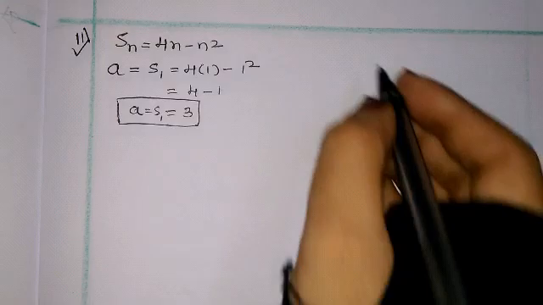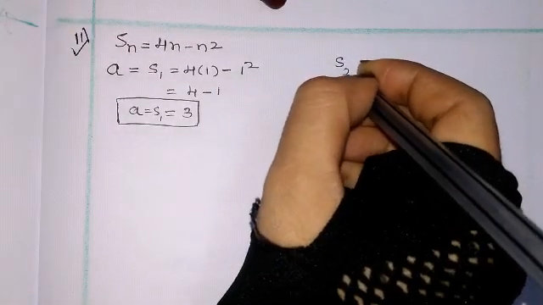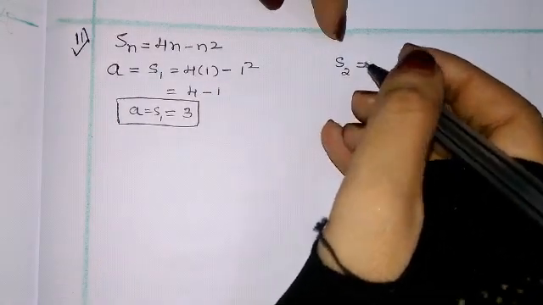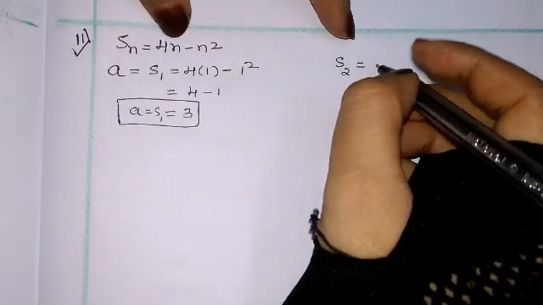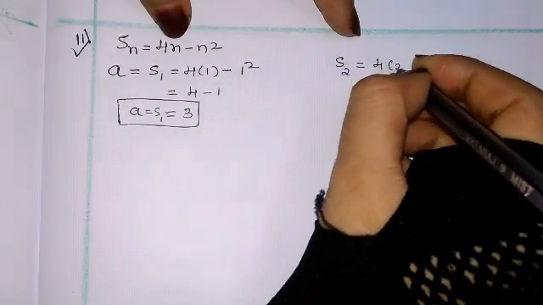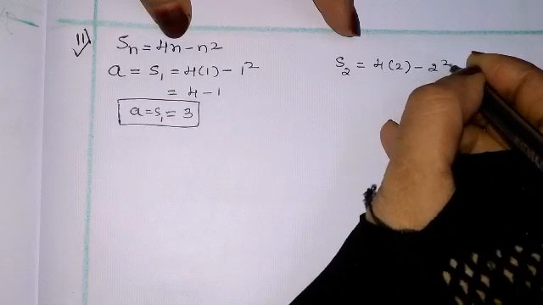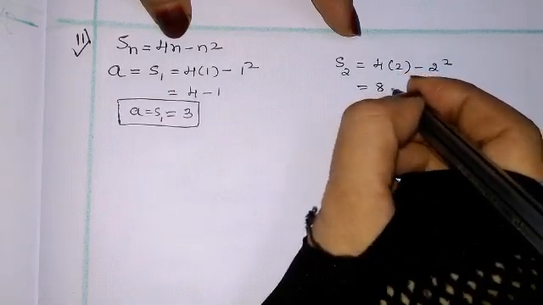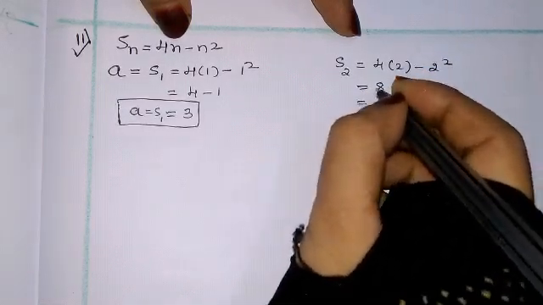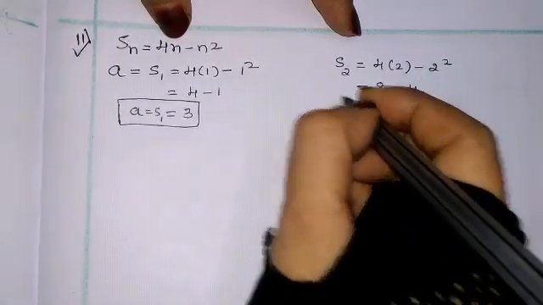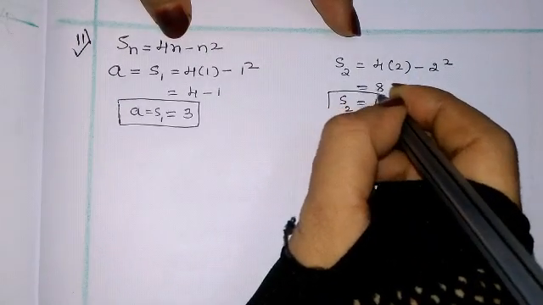So let us go for S2. S2 is the sum of first two terms. S2 is 4 into 2 minus 2 square. 4 2s are 8 minus 2 square is 4. 8 minus 4 is 4. Sum of first two terms we got.